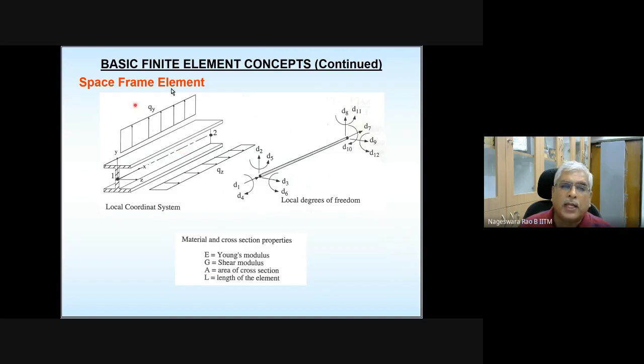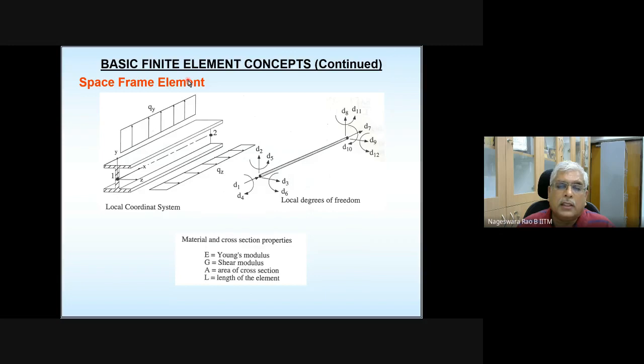So here space frame element, the element equations can be obtained by combining the axial effects, bending effects along two planes, and also torsional effects. Yesterday I showed you the differential equation for an element, structural element undergoing torsion.